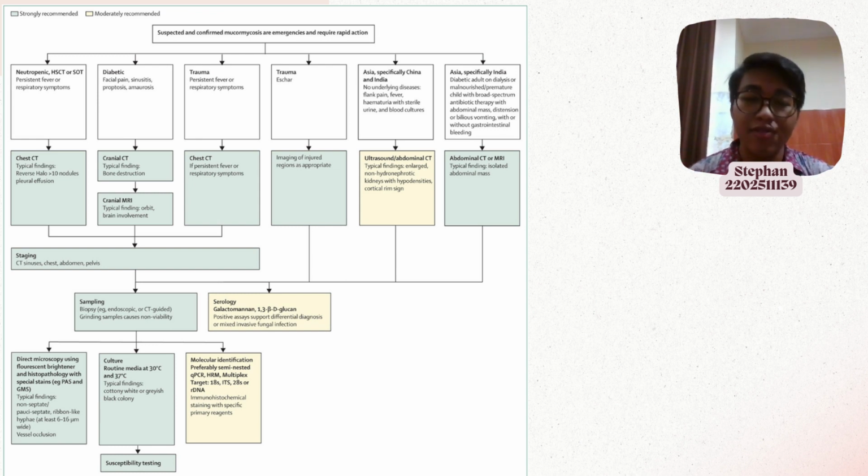You can also see the culture examination and the molecular identification at the bottom of the diagram. This is to make sure that the infection is really mucormycosis and not something caused by another fungal agent, such as Aspergillus.